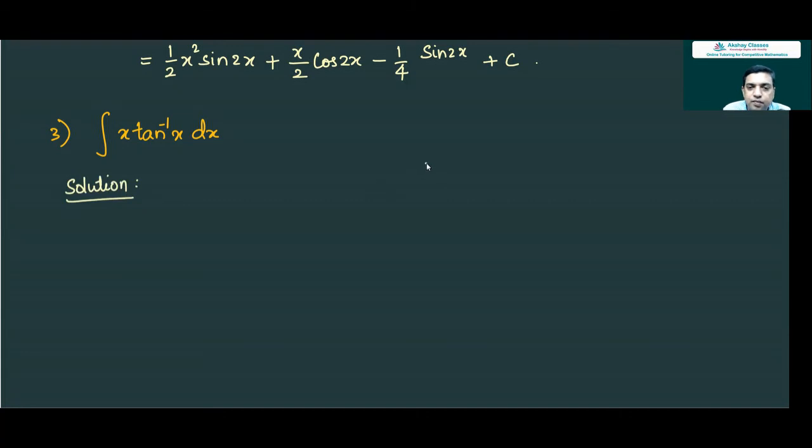So which is the first function and which is the second? So tan inverse is the first function. Very good. So there are two functions. x is algebraic. So we have an inverse trigonometric and an algebraic function. So x will be the second function and tan inverse x will be the first function.